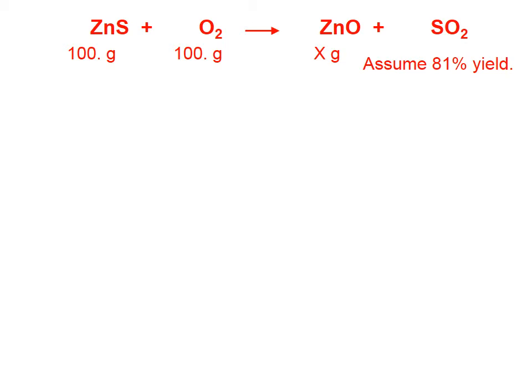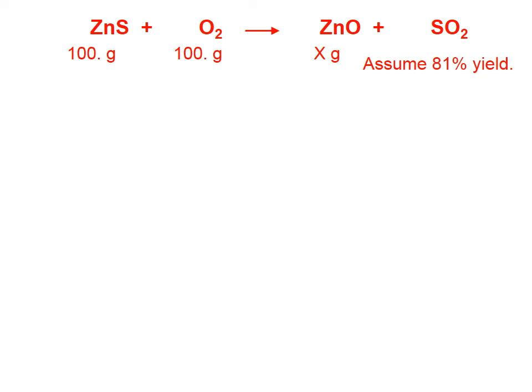We're given an equation. We're going to need to check and see if it's balanced. We're given the amounts of two reactants, which right away means that we're going to have to use some of the limiting reactant ideas that we've covered in previous lessons. And we want to calculate, you can see on the right side, the number of grams of this product, which has the name zinc oxide, assuming that we have 81% yield.